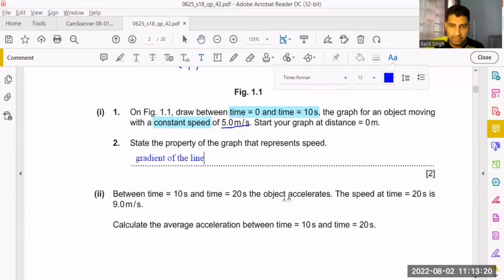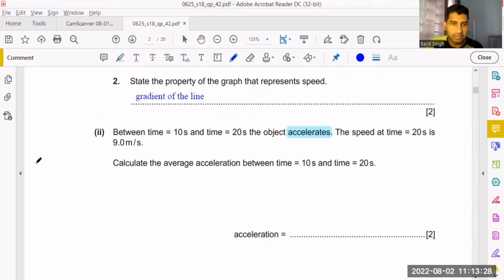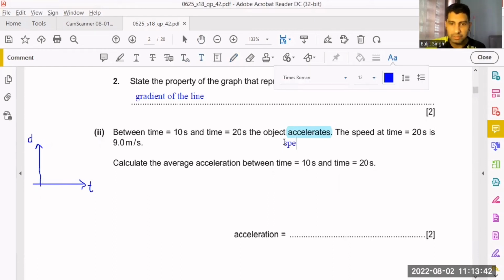So acceleration. In this case, we have to highlight the term acceleration, because according to the theory, when we learn about the graph of distance versus time, and when an object is accelerating, it means speed is increasing. Right? Based on the idea of acceleration, speed is increasing.